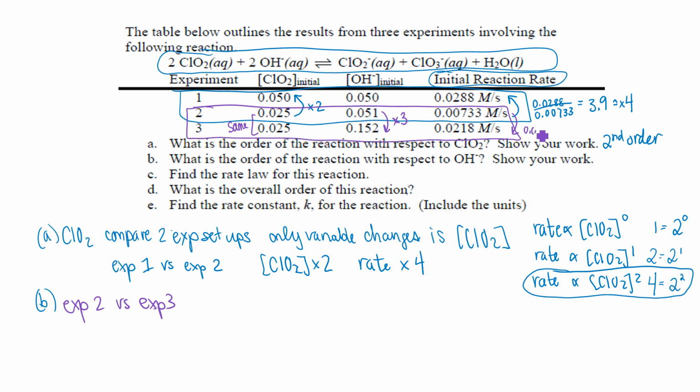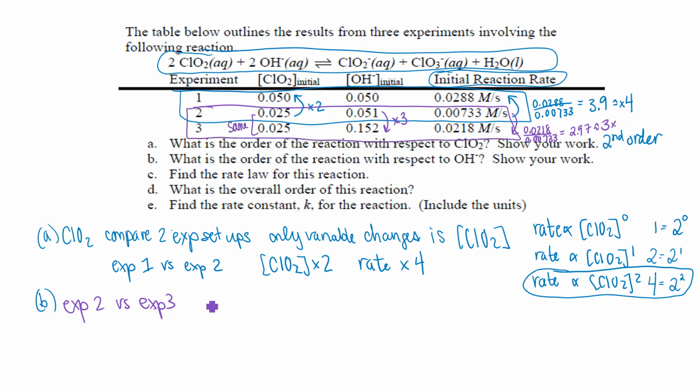Again, I'm going to take my faster rate and divide it by my slower rate. So I'm going to take 0.0218 divided by 0.00733, and I'm going to see what I get here. I get about 2.97, so it is about 3 times faster.